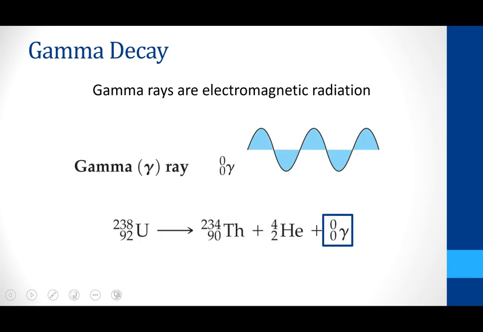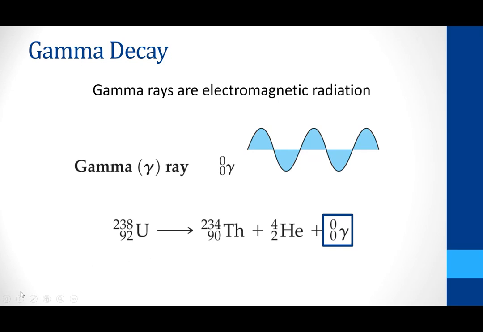Right. The next radioactive decay that we're going to talk about is a gamma ray. Gamma rays aren't technically a particle. Gamma rays are electromagnetic radiation, or a wave. So gamma rays are just waves that are being emitted. Gamma radiation very often happens in conjunction with something else.